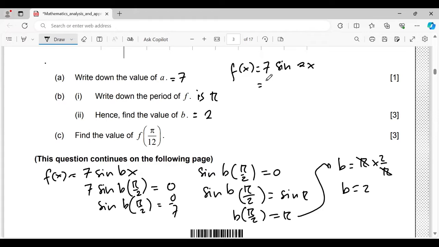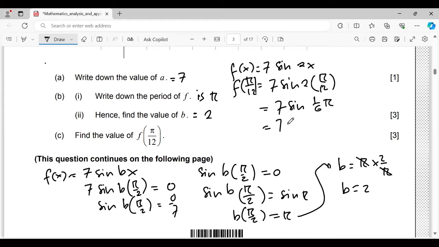And then f(pi over 12) is 7 sine of 2 times pi over 12, or 7 sine of 1 over 6 pi. Sine of 1 over 6 pi is a half. So it is 7 over 2. This is the solution.